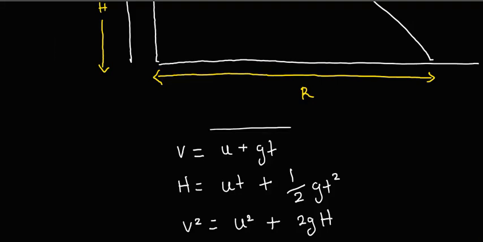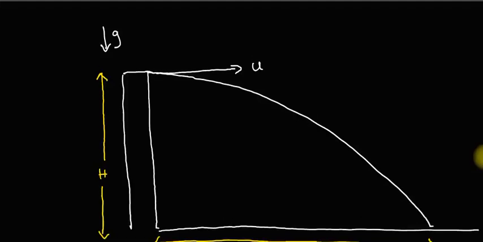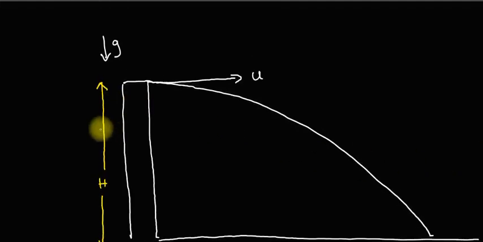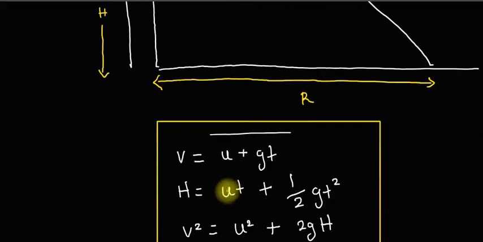Now, one thing to note: if you are asked to calculate the height of the tower or the height of the cliff from which it was launched, and the object was launched horizontally with a velocity of, let's say, 30 meters per second, you are not using that initial velocity in any of these equations.